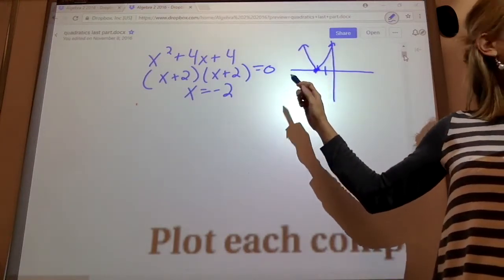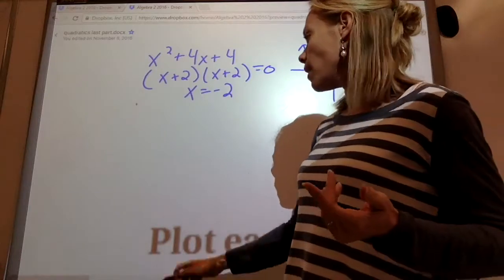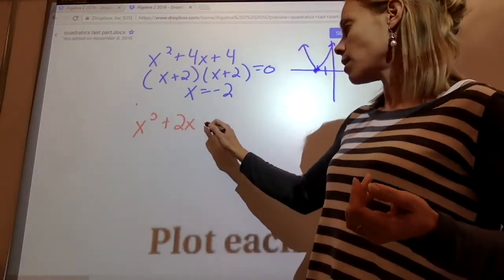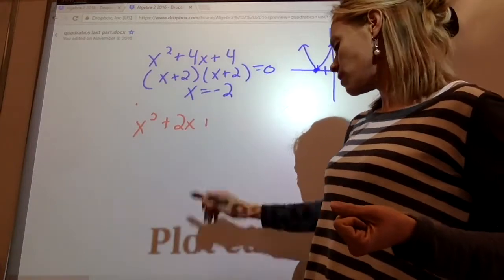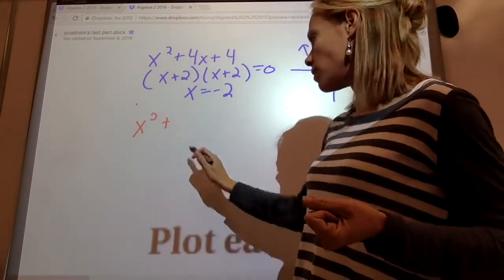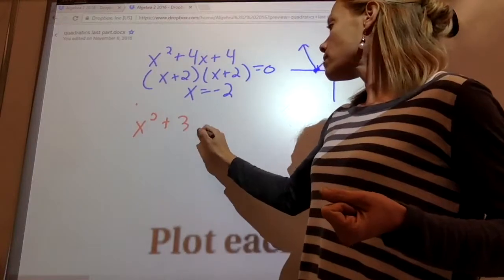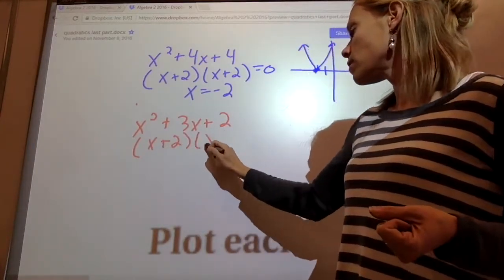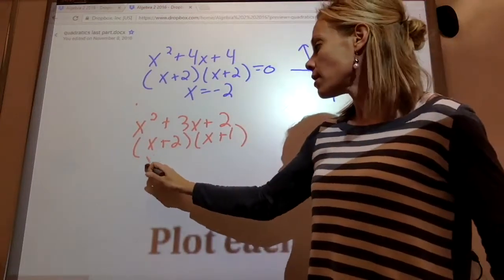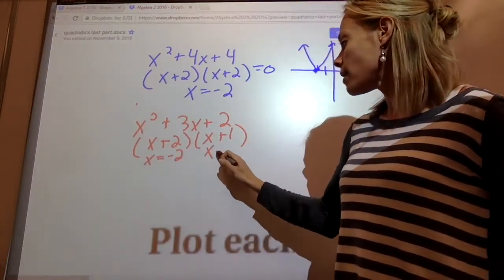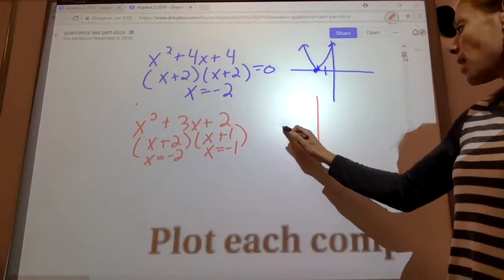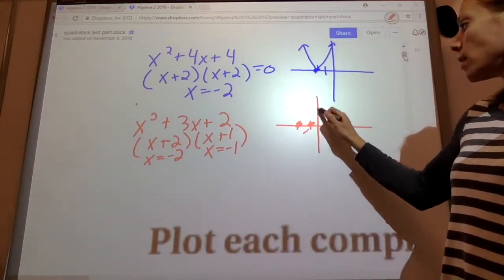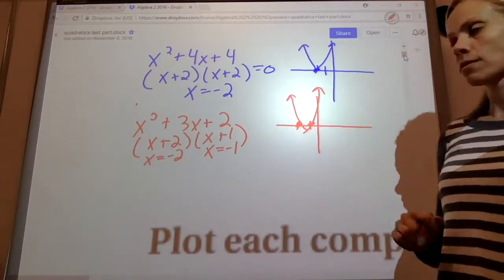And then we got more quadratics like the ones today, and I'm just going to do ones that factor for simplicity, right? And I can factor, and I get 2 roots. I get x is -2, x is -1, and what that looks like is this, where I'm going to cross it in 2 points. Okay?